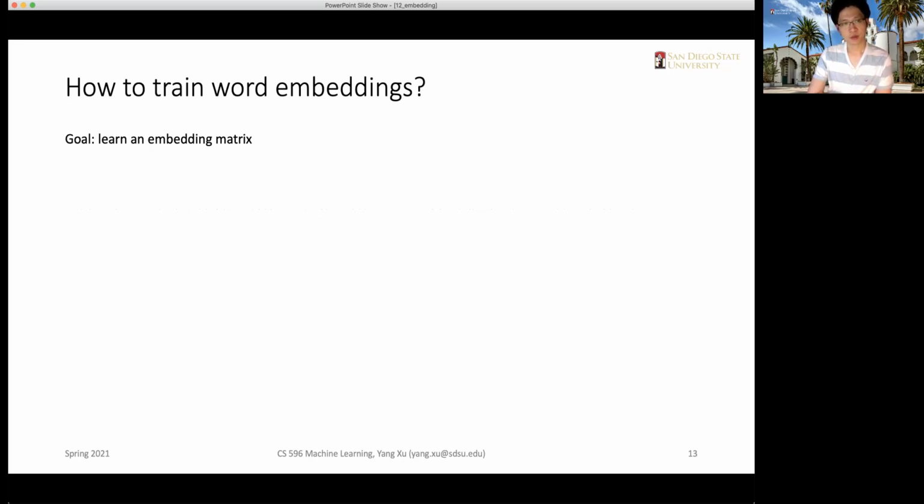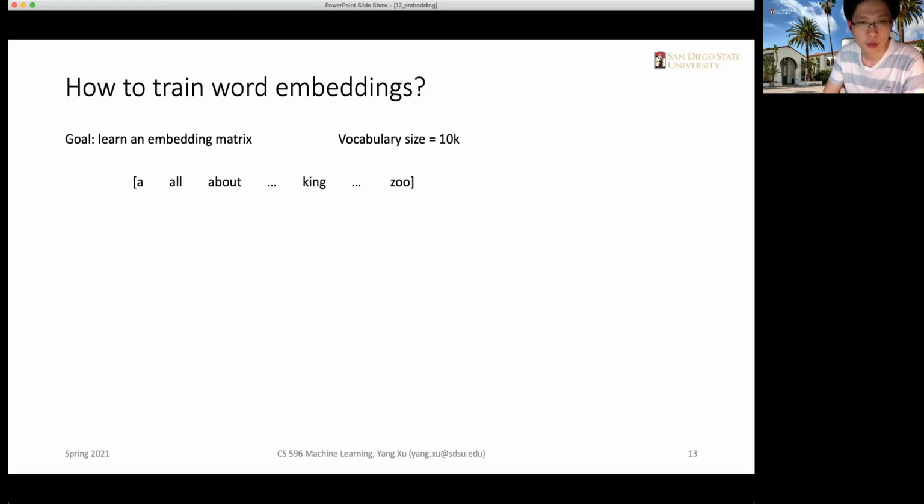Okay, so basically our goal here is to learn an embedding matrix. It's a matrix because it's not just the vector for one word that we are interested in. We have the goal to train the embedding vectors for all the words in our vocabulary, which is basically 10,000 words, for example, in total.